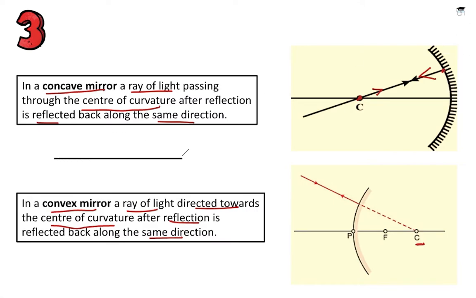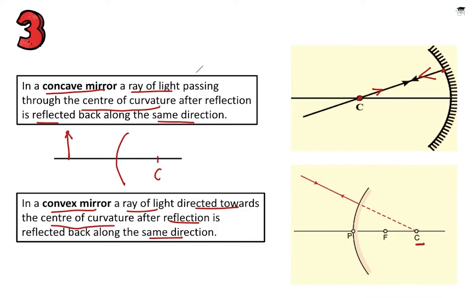I'm going to draw it here. So we have this principal axis and now I'm going to draw the mirror. So this is the convex mirror. Okay. So suppose this is the center of curvature and we have an object, say here is an object, and from the top of this object a ray of light is coming.